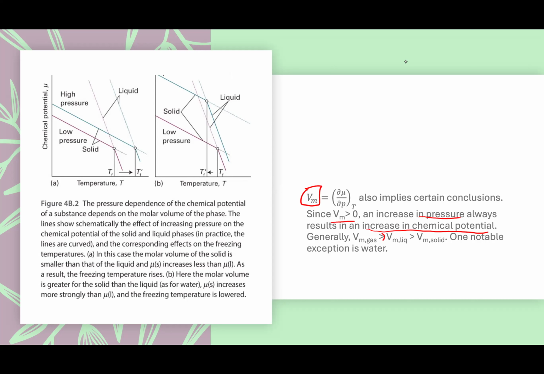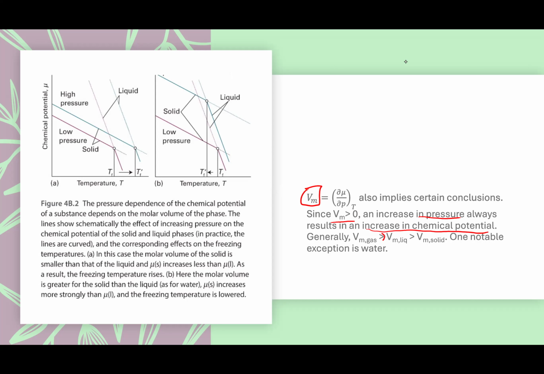Now, when we look at these examples here, we have two examples: low pressure and high pressure, solid versus liquid. Solid is in the solid lines, the liquid is in the more faint dotted lines.